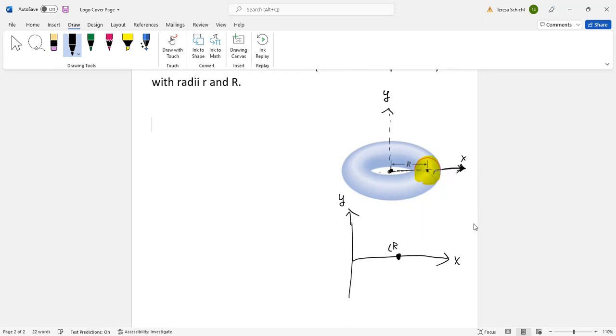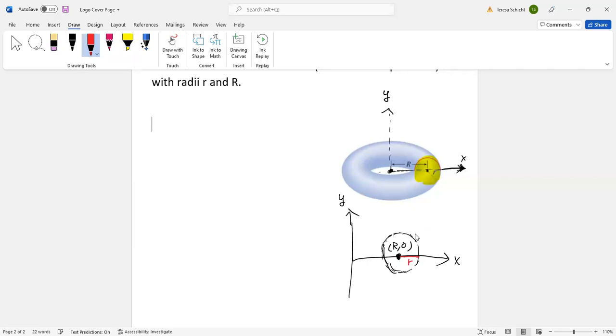This point is R and 0, so the x value is R and the y value is 0. And then I have a circle here, so I move that circle to here. This is my circle, and here is my radius, the little r.